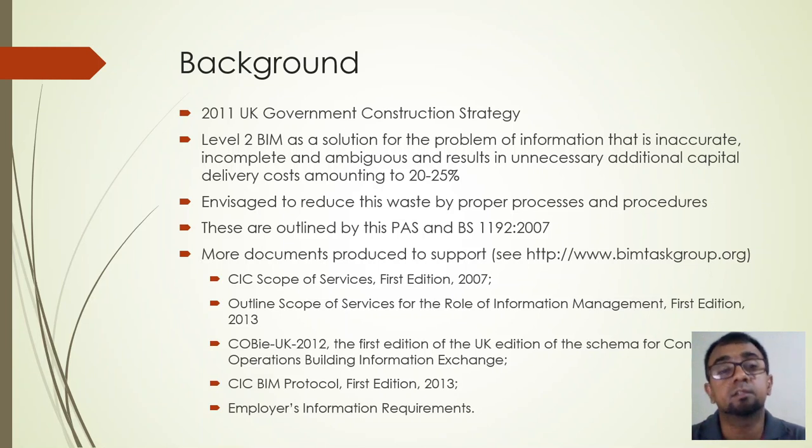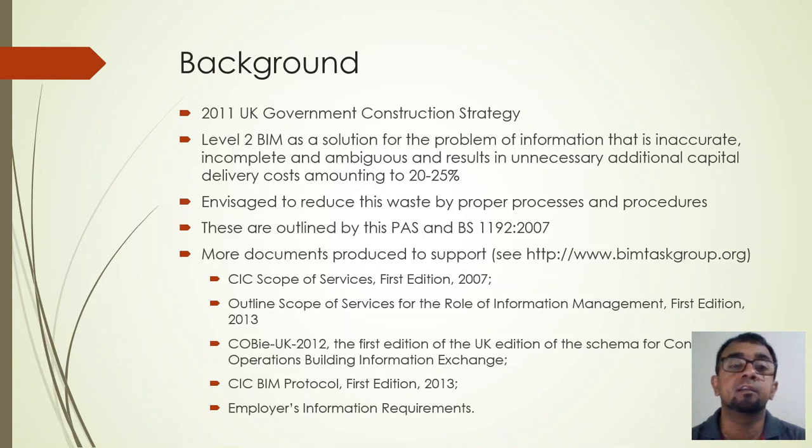So this is coming out as a result of the 2011 UK government construction strategy, where they wanted the construction industry to implement BIM, and specifically the government sector to implement all their projects in BIM in 5 years' time, that is by 2016.